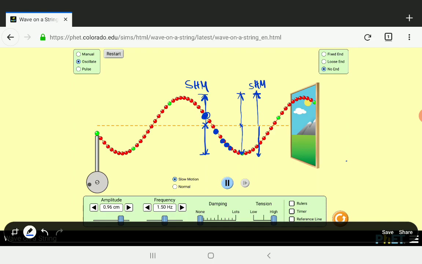So because, again, as I was saying, there's a lot happening, what we usually do when we're analyzing waves and trying to describe how waves travel is use two types of graphs, because there's a lot of information and you cannot put everything into just one graph.